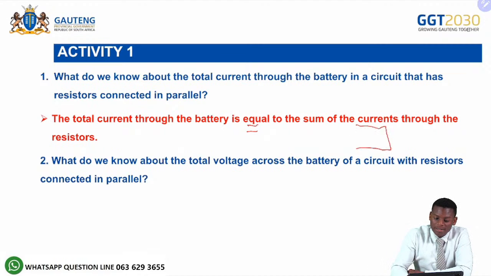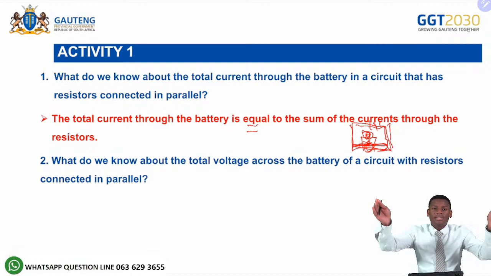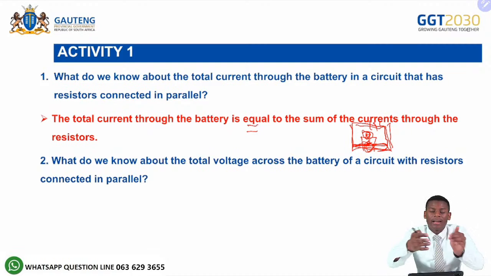It's like this, and then it has our cells and our resistors in the form of bulbs connected. Sorry, my diagram does not look good. But the total current that flows through here is equal to the sum of the currents through the resistors. If it splits and it connects again, the current still stays the same. It becomes the sum.